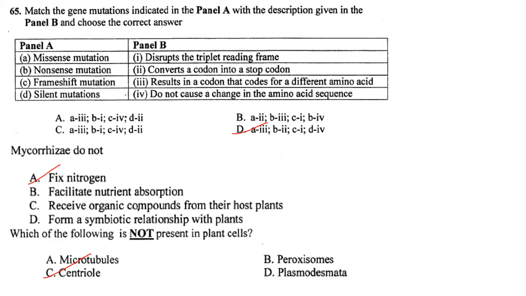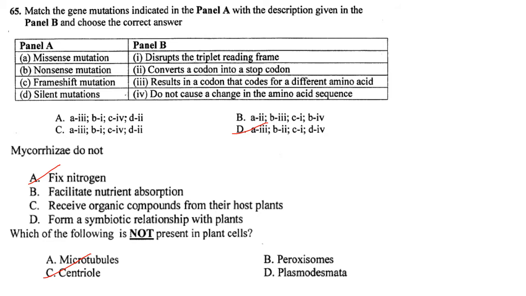Then nonsense mutation converts a codon into a stop codon. So A3, B2. That will be option D.